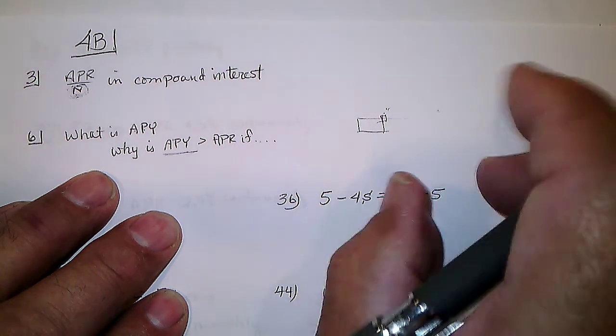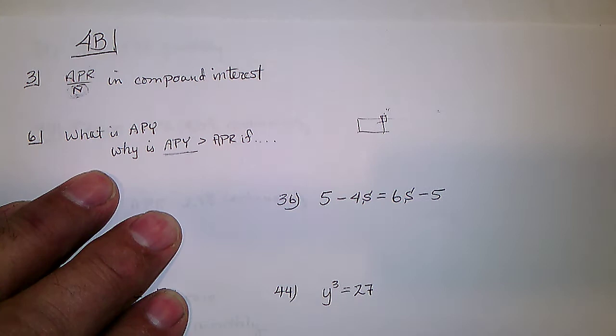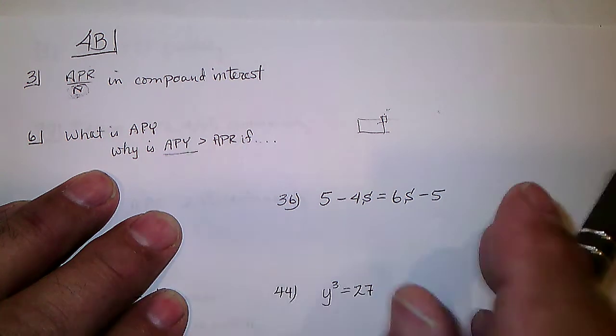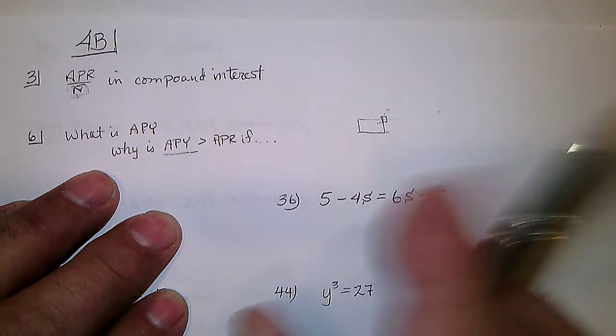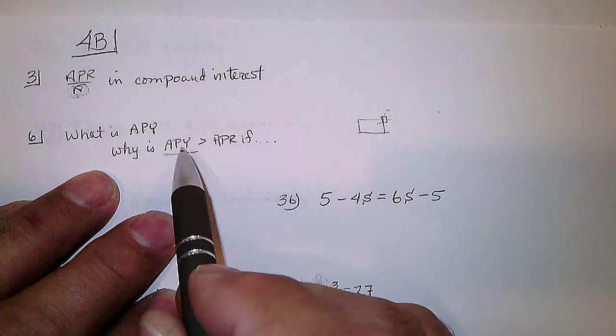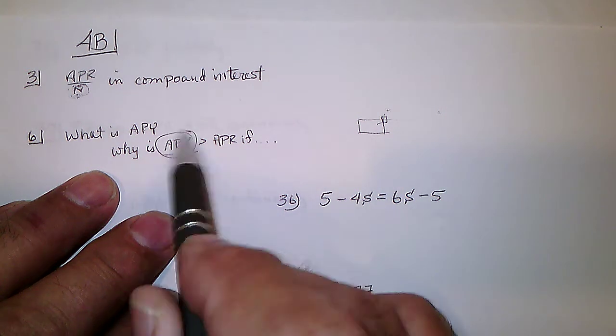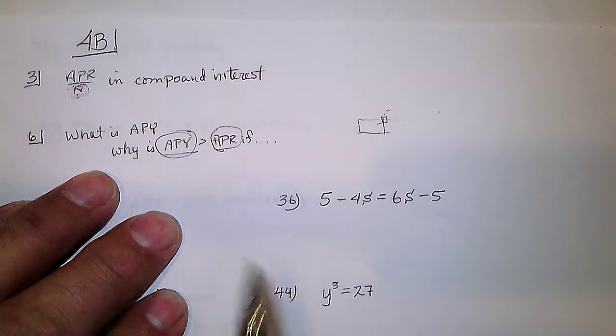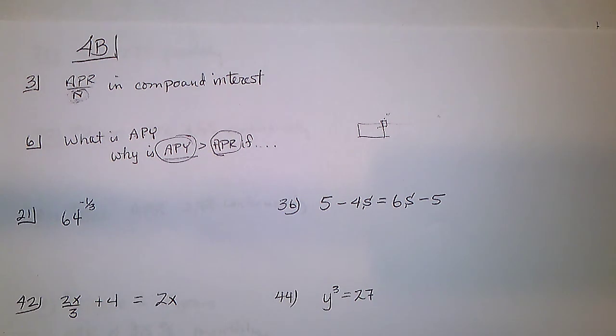And so each period that you get your interest compounded, added to your principal, you start getting interest on the interest, and it produces a higher yield than you would get if you just did the interest for the full year. So that's why APY is bigger.